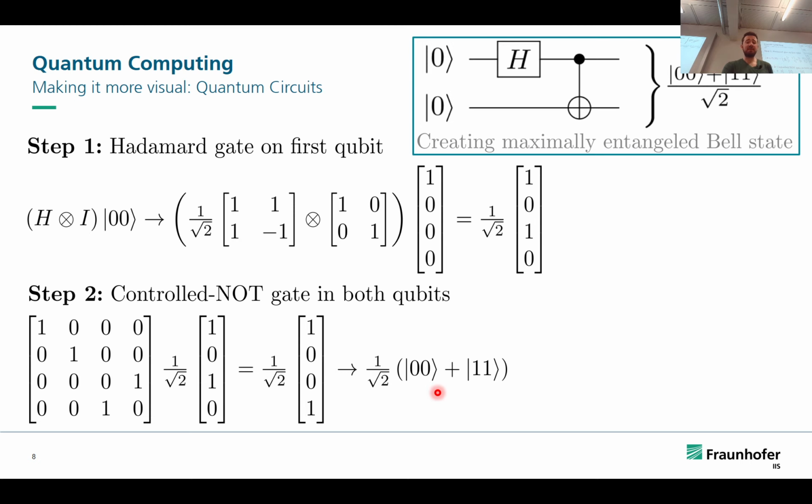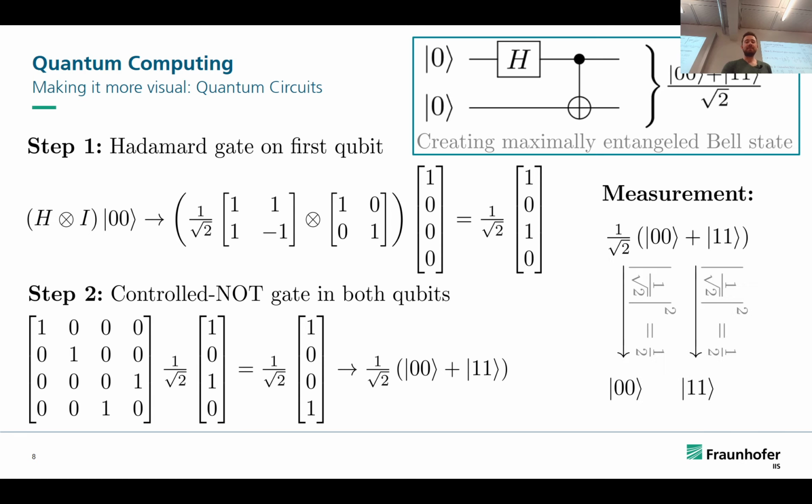This state is now maximally entangled because as soon as you measure the first qubit, you immediately know the properties of the second qubit. So we can measure the state and with a probability of 1 over square root of 2 squared, so a probability of 1/2, we will measure either the state 0,0 or the state 1,1. We will never measure state 0,1 or 1,0.